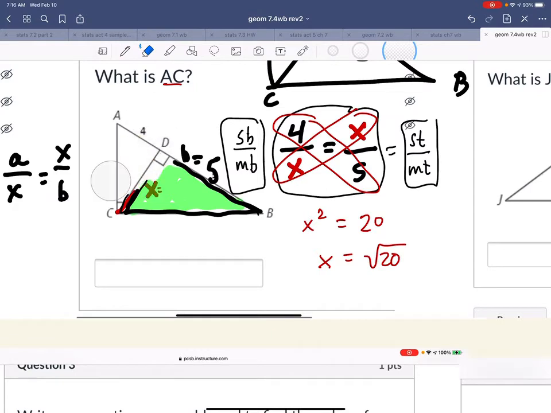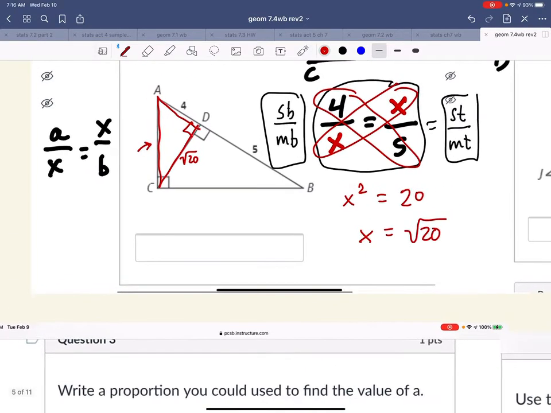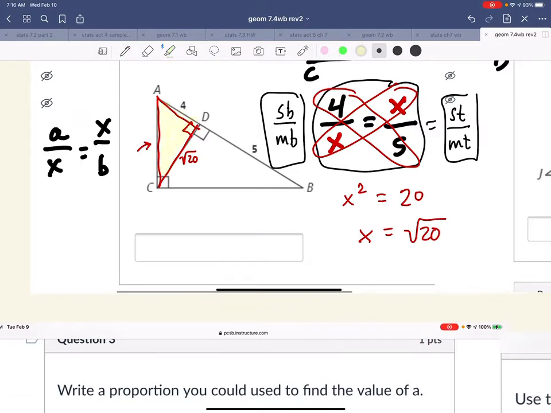I'm just going to erase this so you can see a little bit better. If this is the square root of 20, we can also at any given time use the Pythagorean theorem. On my baby, I know 2 of the 3 sides, so I can solve for AC. The small side of the baby, the medium side of the baby, and the longest side of the baby is AC.